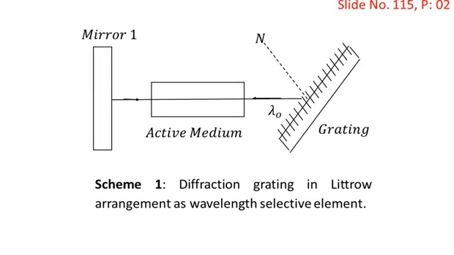Scheme number 1 is a grating in Littrow, and tilting the grating provides a mechanism for selecting the wavelength oscillating within the laser cavity, while the grating also acts as a mirror. So this scheme can be used to select a wavelength and provides a wavelength tuning mechanism.